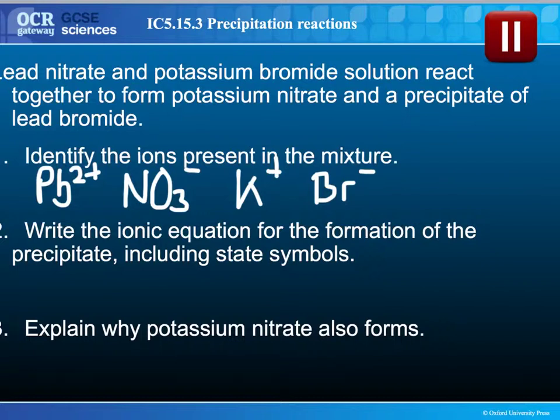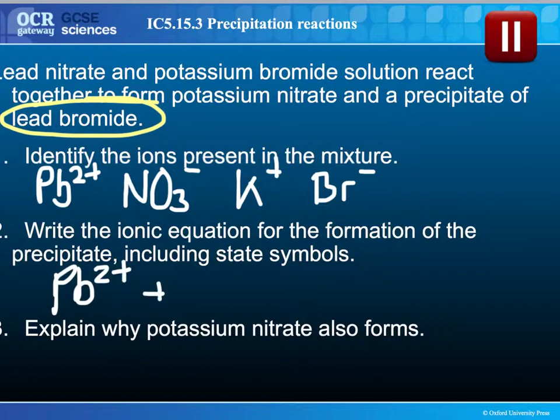Now we need to concern ourselves with which one we're writing our ionic equation about, and it's about this lead bromide. It's about the thing that's being formed that we're bothered about. So, the two ions that we care about, Pb2+ plus Br-, form lead bromide.